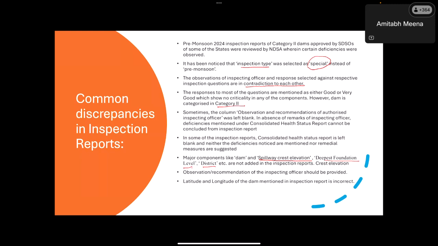They should be filled very correctly, because if higher authorities want to check the dam on Google Maps or some other GIS utility, this lat long will be a great help, and it should be correct. Incorrect information should not be there.